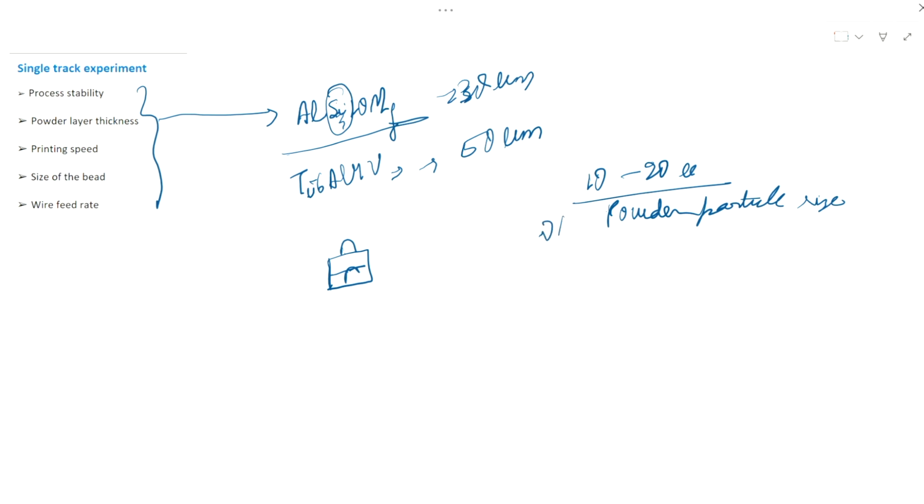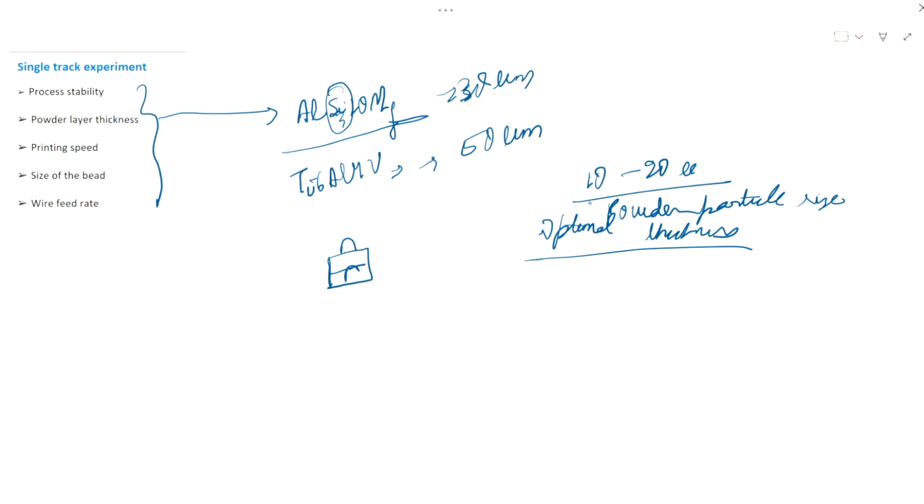Now we have to calculate this optimal thickness. How do we find this optimal thickness? We have to build a whole product. We have to vary each of these parameters: the feed rate, the size of the bead, whether it is this much or this much.